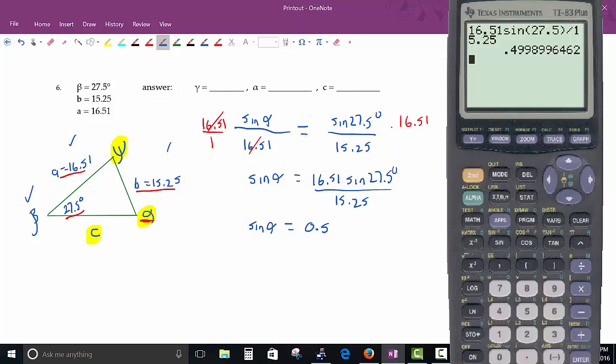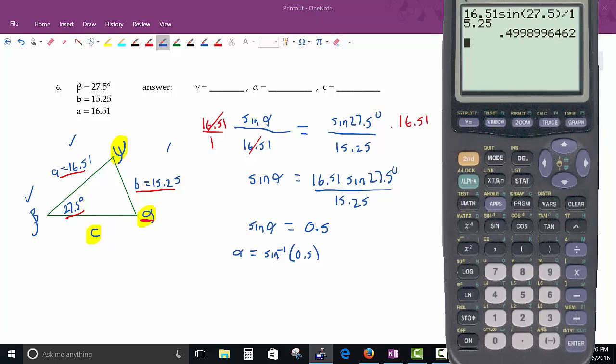Now, what happens in this case is this. If you were going to do the inverse sine of 0.5, there are actually two answers to this problem. If I do inverse sine of 0.5, my calculator is going to give me a quadrant 1 answer, so it's going to give alpha equals 30.